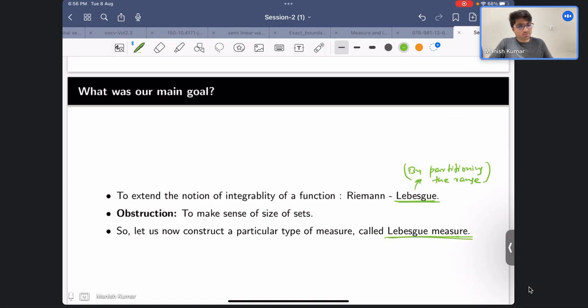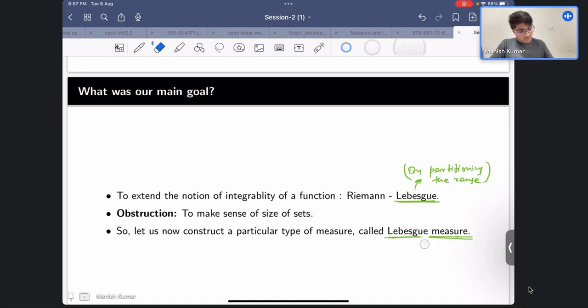And to define this Lebesgue measure, we started the theory of measure: what a measure is, what we mean by a complete measure, and if some measure is not complete, can we complete it? If we can, what is the process of completing that, right? So this was all about till now.